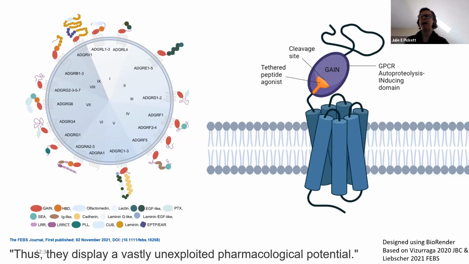Again, this structure could interact with the receptor or not and potentially tune it that way. Given all of these possible ways to activate adhesion GPCRs, they display a vastly unexploited pharmacological potential, especially given that until 2012, there were no known small molecules that could activate any members of the adhesion GPCR family.